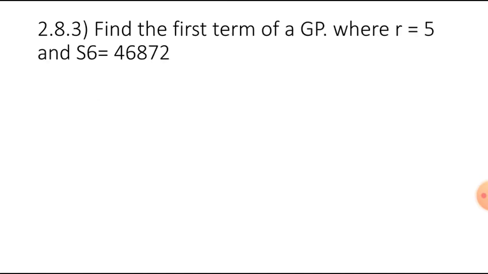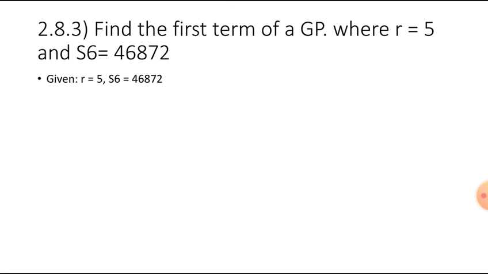Next sum. Find the first term of a geometric progression where r is equal to 5 and S of 6 is equal to 46,872. So in this case, what is given? The given are the ratio and S6, and we need to find the first term, which is a.